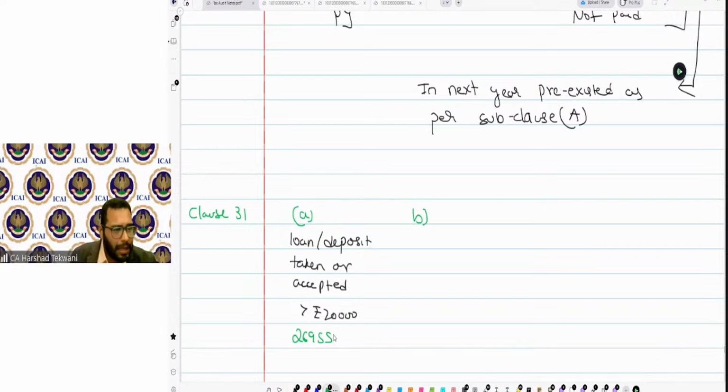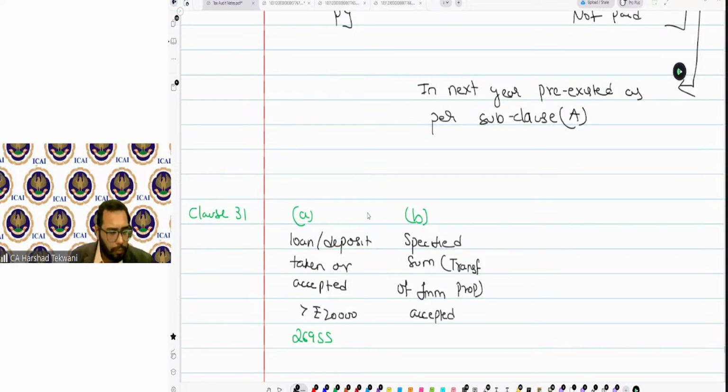When I talk about 31B, I'm talking again about 269SS but specified sum, with respect to transfer of immovable property, accepted or taken in excess of 20,000.